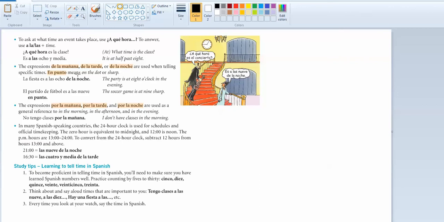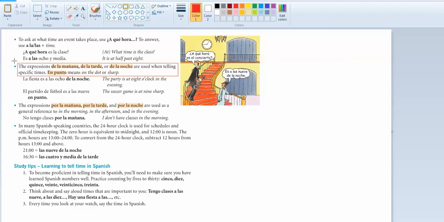And en punto means on the dot or sharp. So de la mañana is in the morning, de la tarde is in the afternoon, and de la noche is in the evening.